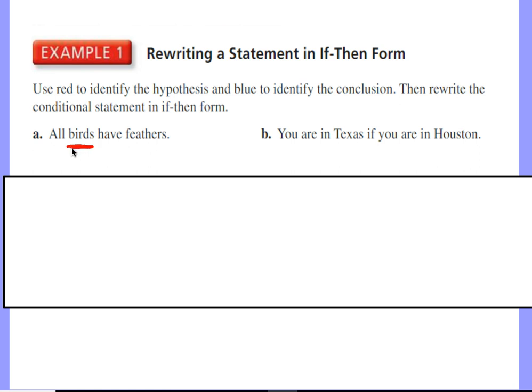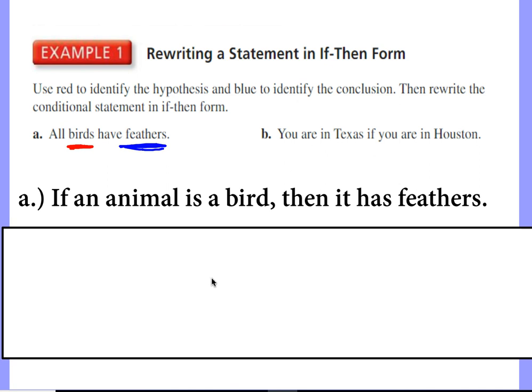Bird is our hypothesis. So if you are a bird, and then the conclusion is you will have feathers because you are a bird. So we rewrite that as if an animal is a bird, then it has feathers.